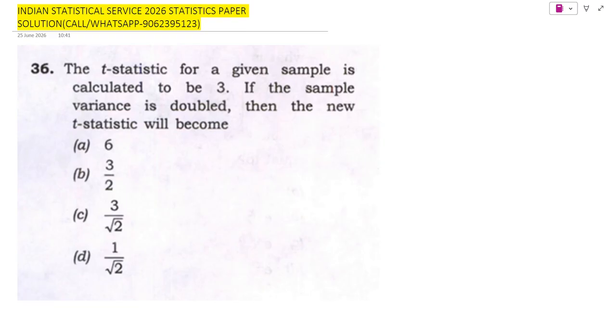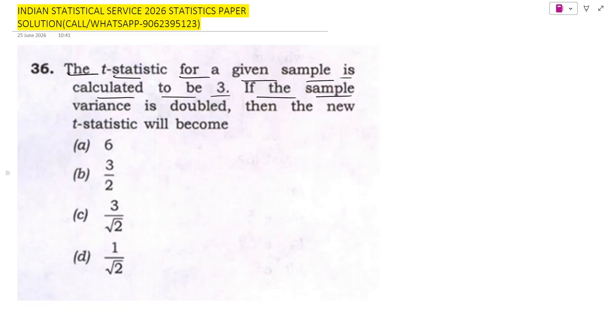This problem is straight from the Indian Statistical Service 2026 statistics paper. First we will read the question, then we will discuss it. The question is: the t statistic for a given sample is calculated to be 3.